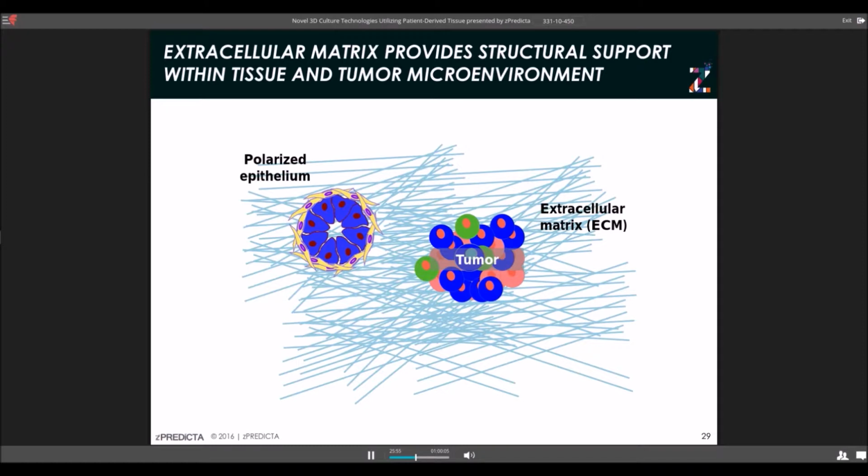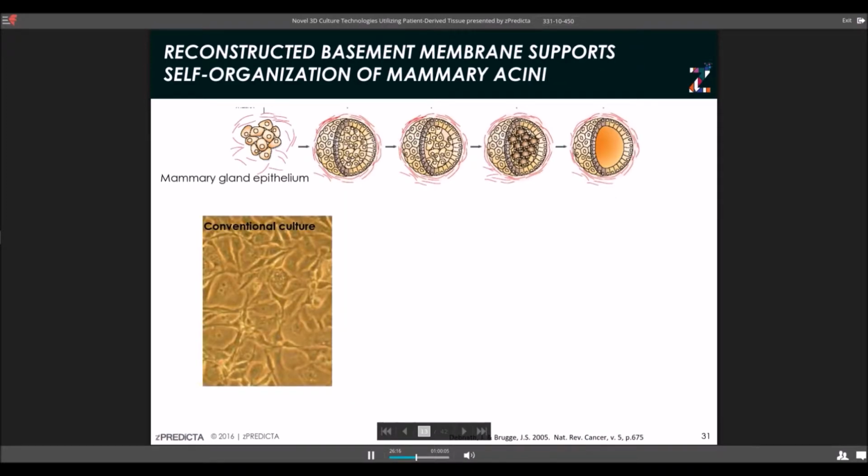And when those cells are resorbed, the space left by these cells allows milk production and milk protein secretion if these structures are exposed to prolactin or some other lactogenic hormones. And this is not something that can happen in the standard kind of plastic conditions.